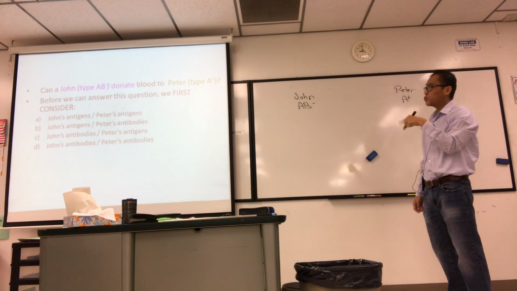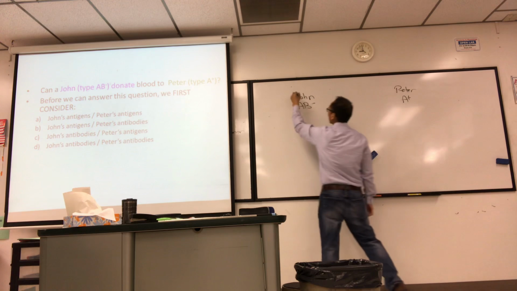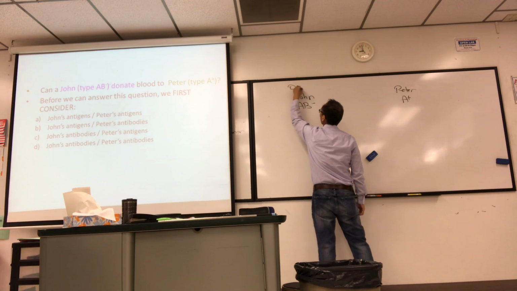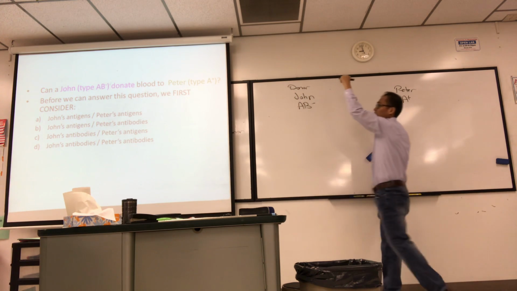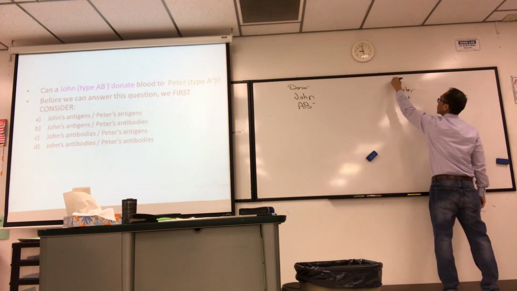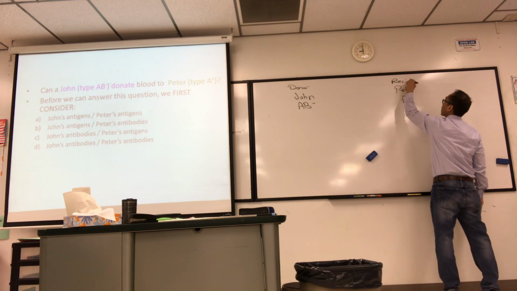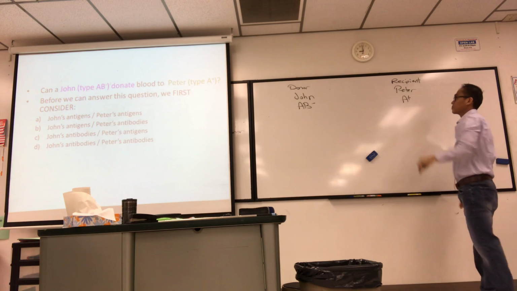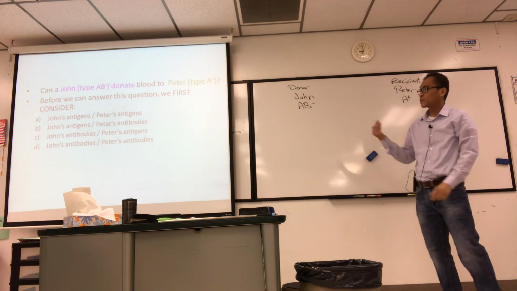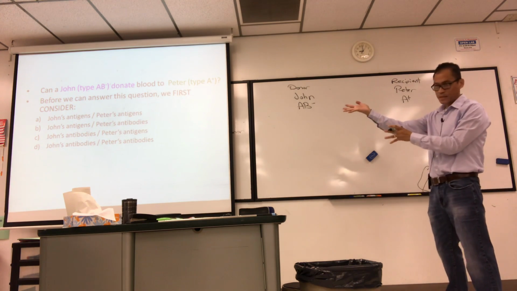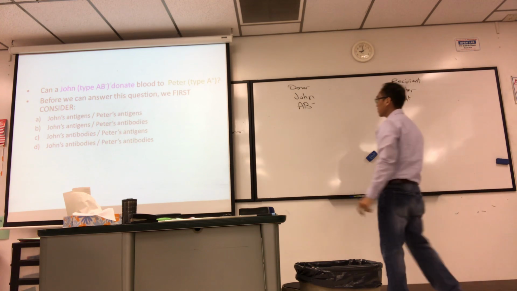Can John donate to Peter? So John's a donor. Recipient. First of all, when we get to the multiple choice, let's go through John's AB negative type.